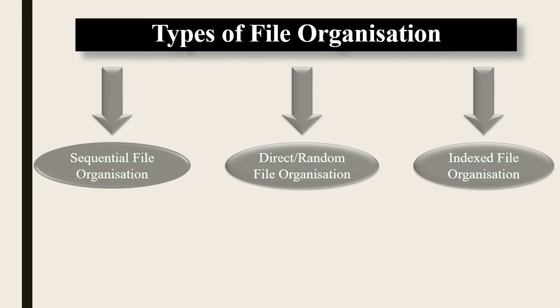Records may be added at the end of the file only because it is a sequential arrangement. For example, a magnetic tape file such as the printer can only have sequential organization. Printer is the best example of sequential file organization.